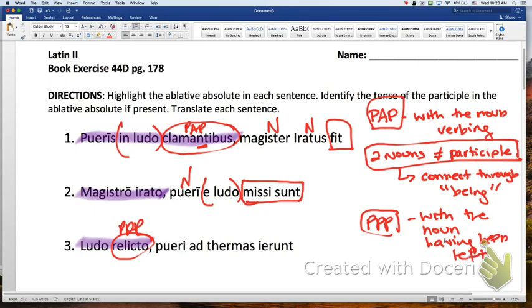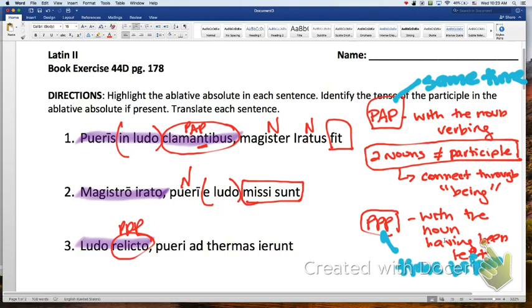Okay, so this is basically telling you that the present participle is happening at the same time as the main verb. And this is the action happening, I call it time before the main verb.